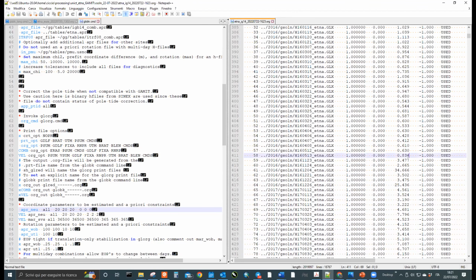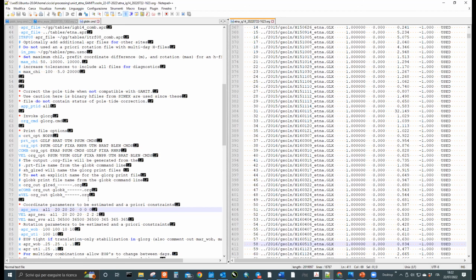There are 2 things you can do here. Number one, if you want to combine all of the H files together over several years, you need to estimate velocity. The second thing is, if you just want to see a time series where each individual file has a separate result, then we use the program GLRed, not GlobK. So you have a choice.